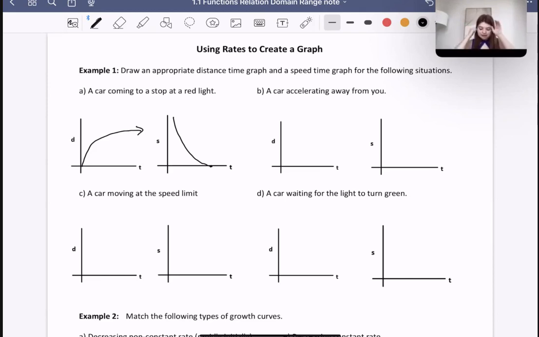B says a car accelerating away from you. So their distance is going to get more and more for the times because they're accelerating away. Their speed versus time is also going to do something similar.